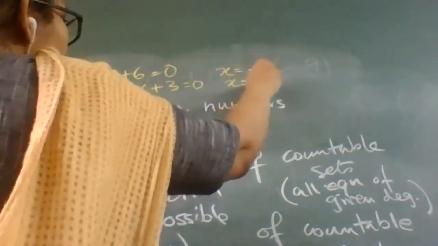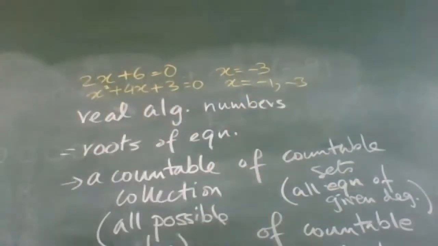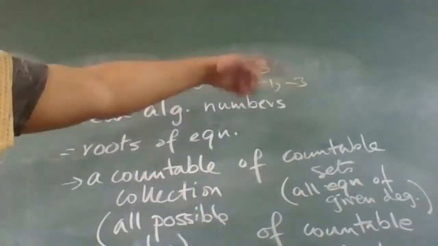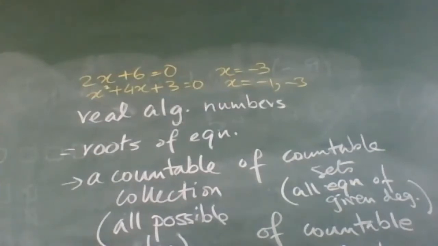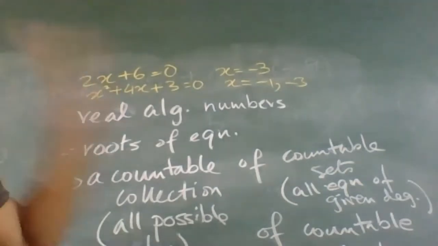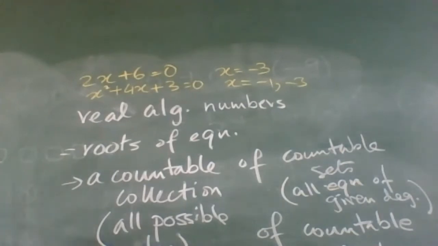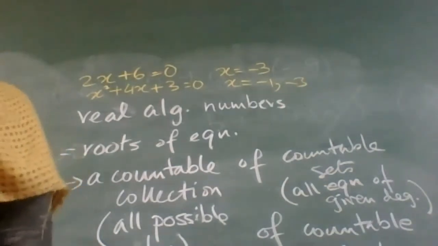Then the seats corresponding to that will be occupied by -3 and -1. So you can see that -3 is occupying 2 seats. So yeah, again, you can ask those numbers to occupy just 1 seat and leave the next seat vacant. So just like we did for fractions. So that way, you can capture all possible numbers that arise out of solving equations with integer coefficients only. So still gives you a countable set.